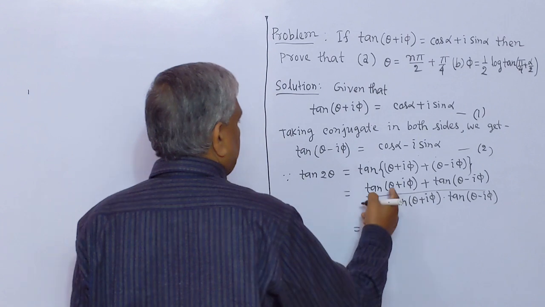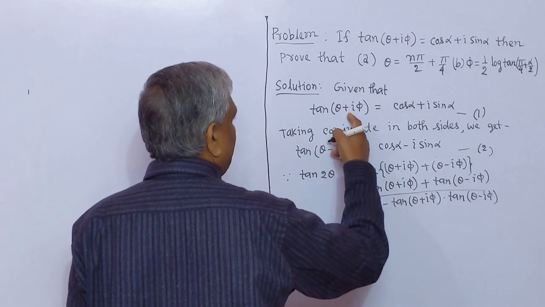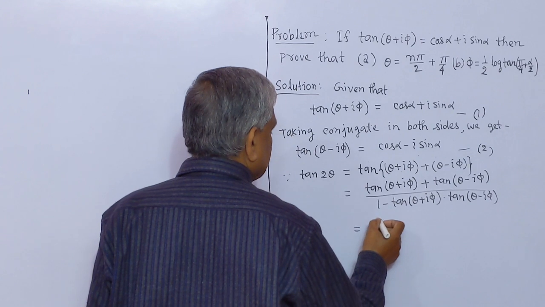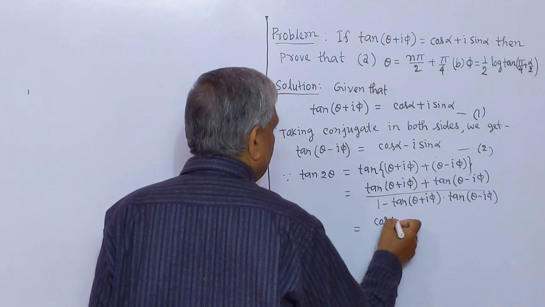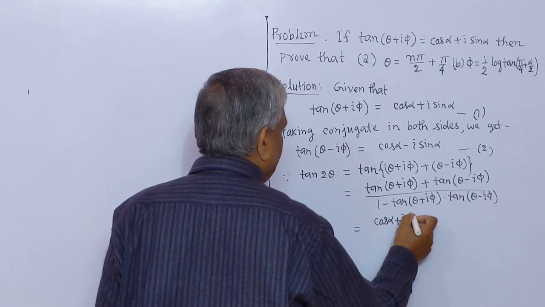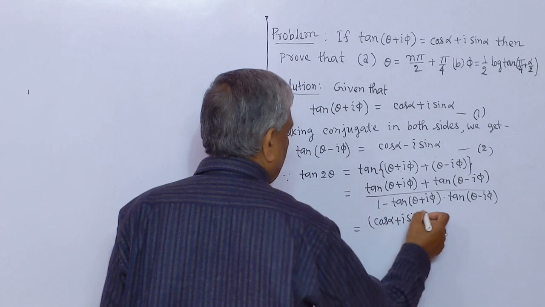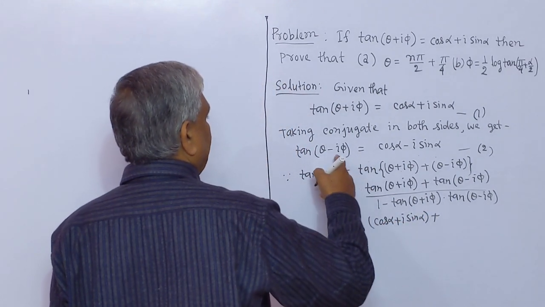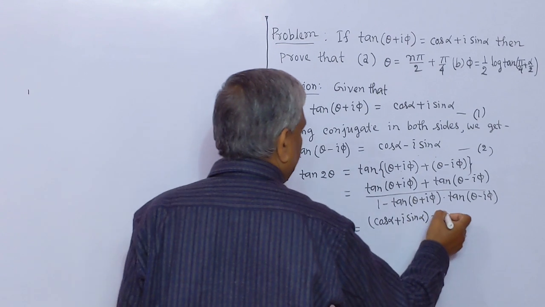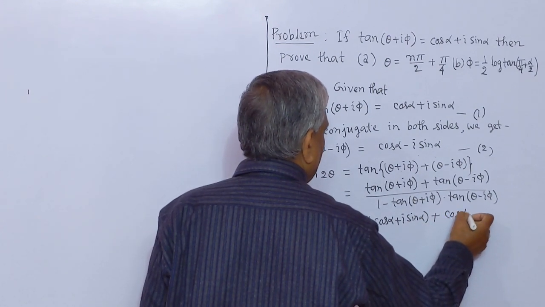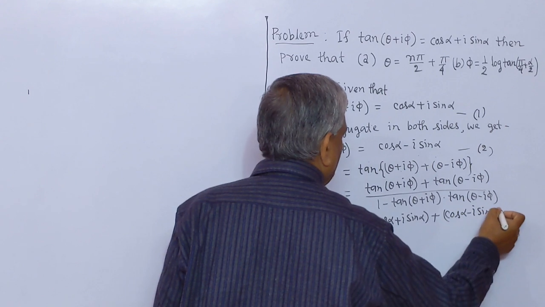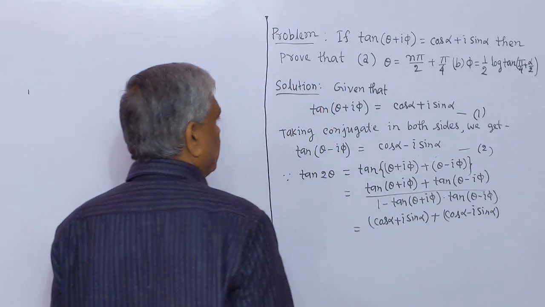This is equal to, with tan(θ + iφ) = cos α + i sin α, (cos α + i sin α + cos α − i sin α), using 1 and 2.